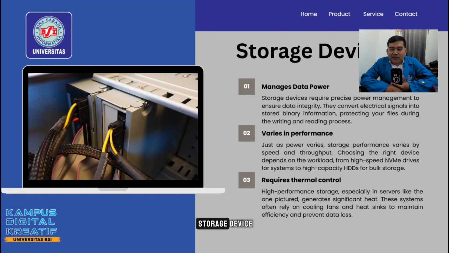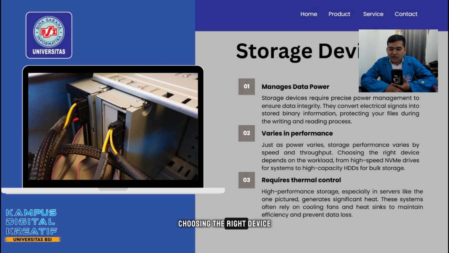And then storage devices. Storage devices require power management to ensure data integrity. They convert electrical signals into binary information, protecting your files during the writing and reading process. Storage performance varies by speed and throughput.